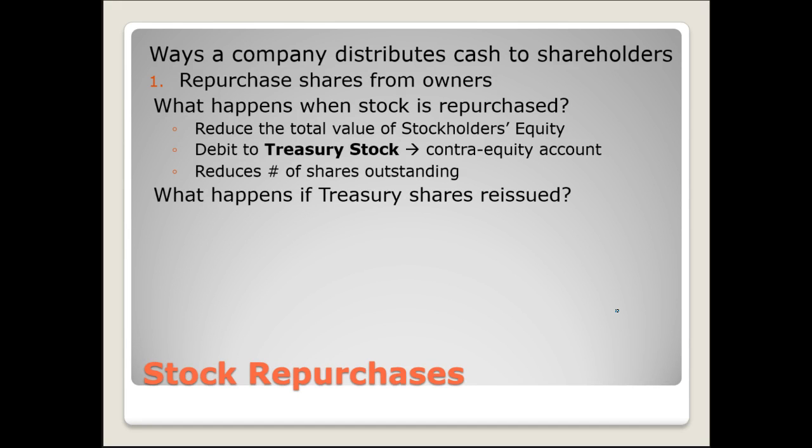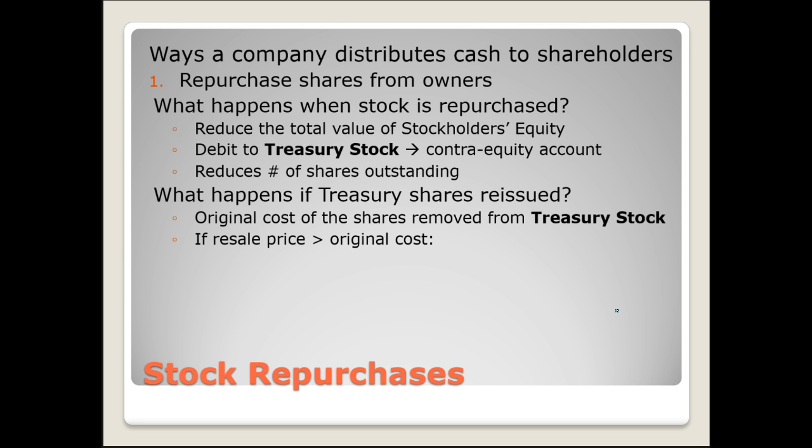What happens then if you want to reissue these treasury shares? Because a company can buy back its stock one day and decide to resell those again. Well, when that happens, you would remove the original cost of those shares from the account called treasury stock. So that'd be a credit. If it turns out when you resell those shares, your resale price was higher than the original cost when you bought them back, then you would credit an account called additional paid-in capital treasury.